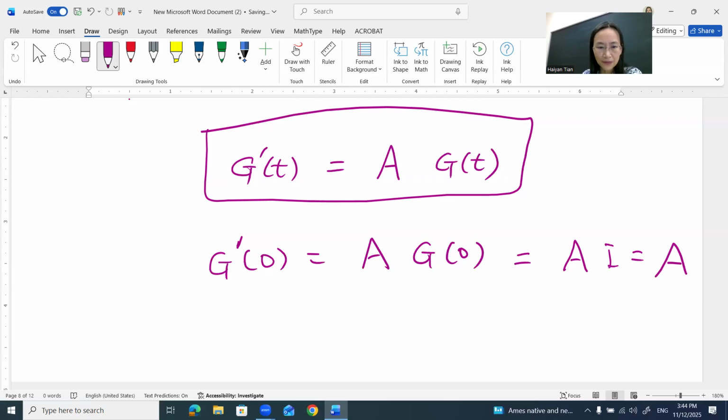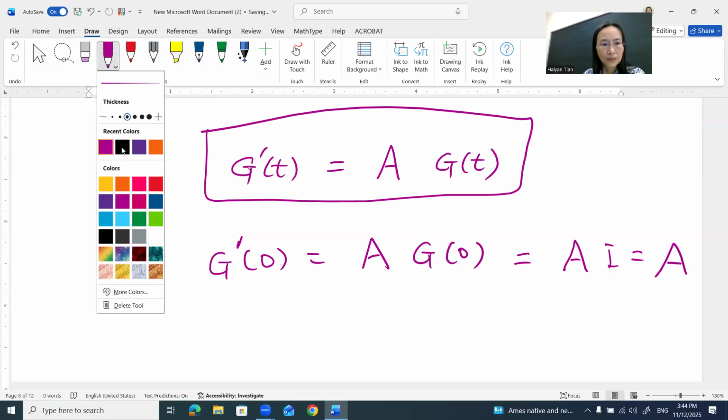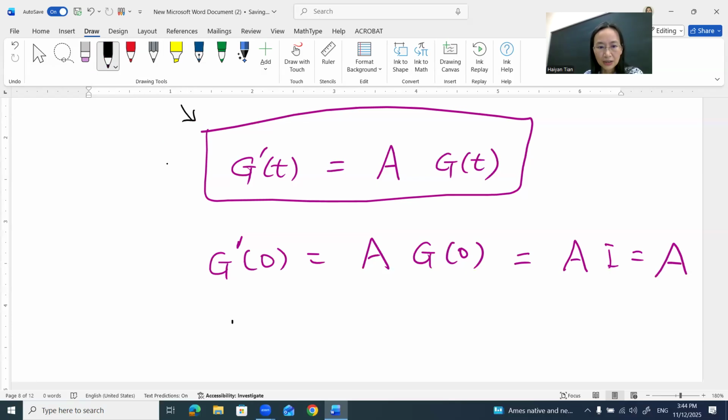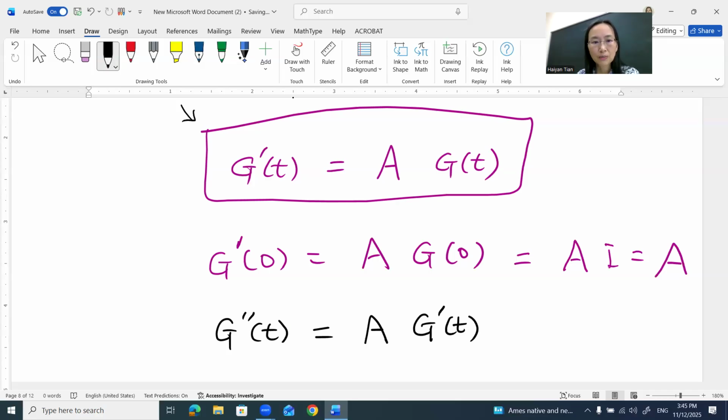So now we have this one. Now how about the second order derivative? From the same equation, we can differentiate one more time. We get the second order derivative of the fundamental matrix, which is A, the constant coefficient matrix, times the G first order derivative, because if we differentiate both sides, we get just this.